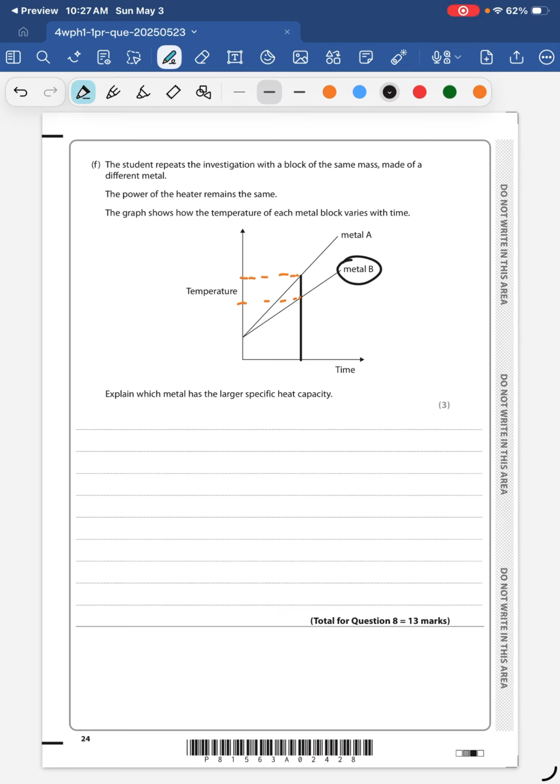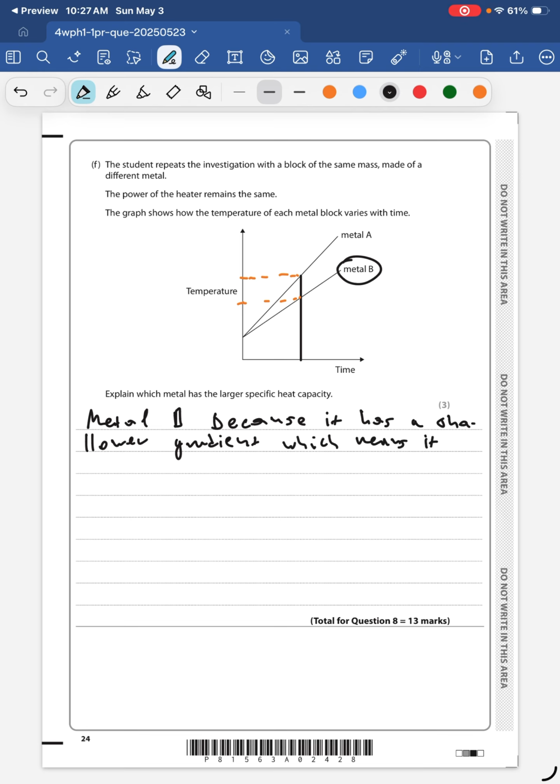Okay, so metal B, because it has a shallower gradient, which means it takes longer to heat up.